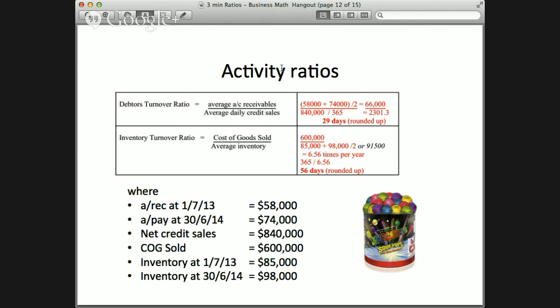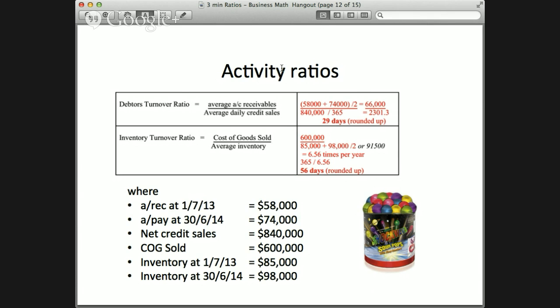Then we look at the average daily credit sales, which is 840,000. Now, that 840,000 is over the 12-month period, and we need to divide that by 365. So we've got $2,301.3. So the 66,000 divided by the 2,301.3 gives us a rounded-up figure of 29 days.